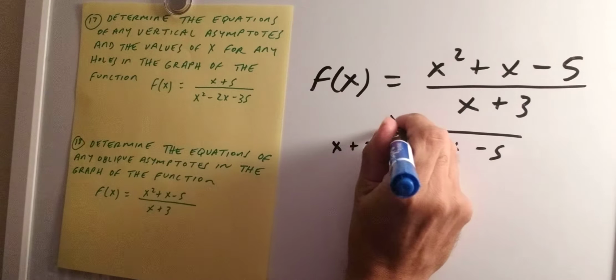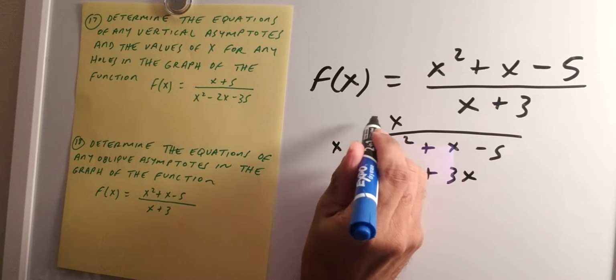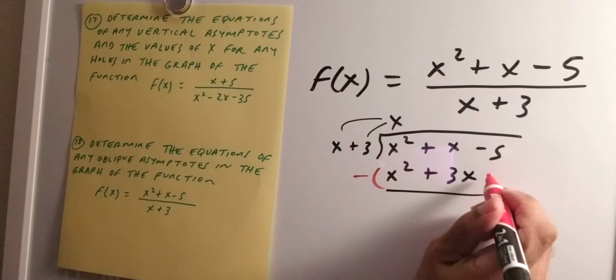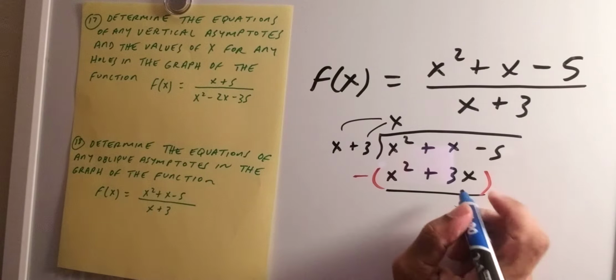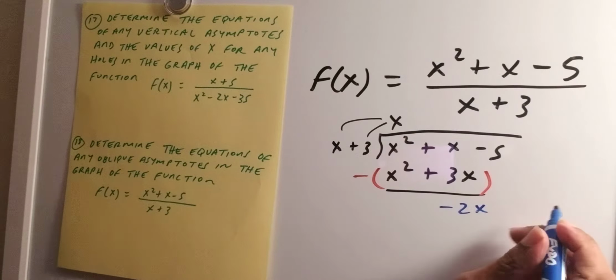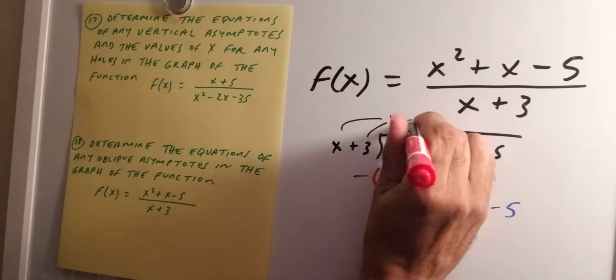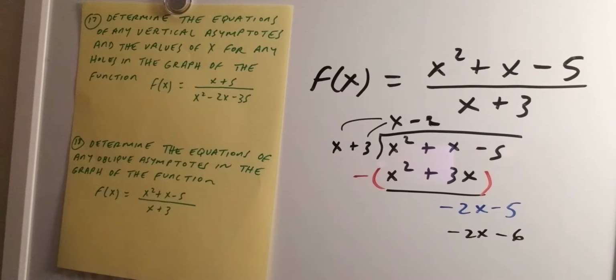So the multiplication. I'll be careful to subtract, distributing the negative sign. That yields negative 2x minus 5, and that will give a negative 2 over negative 2x minus 6.